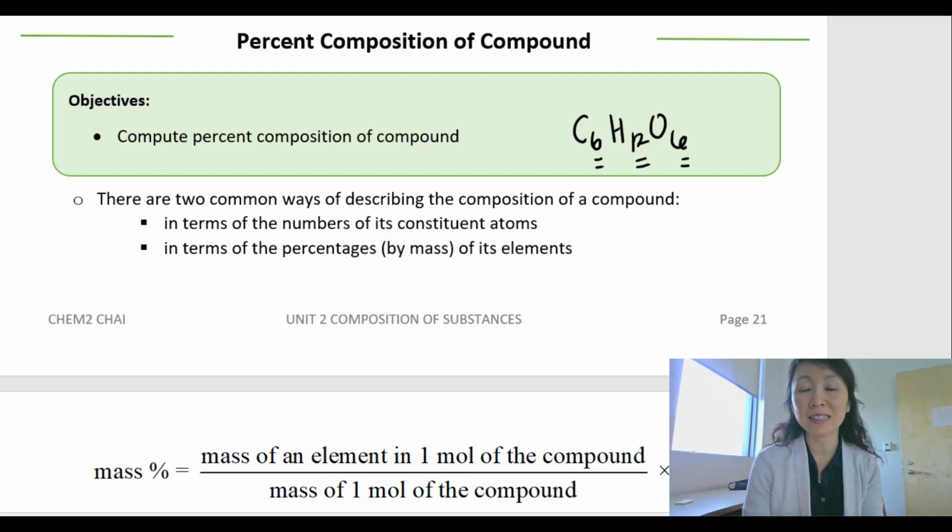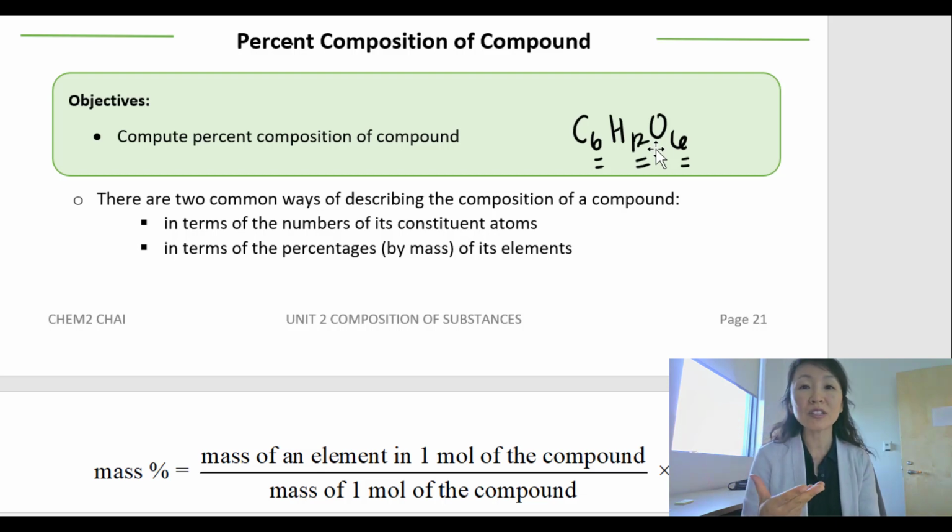It shows that there are 6 carbons, 12 hydrogens, and 6 oxygens. We can look at the individual numbers next to each element to say how much carbon, hydrogen, and oxygen are present within the entire compound.